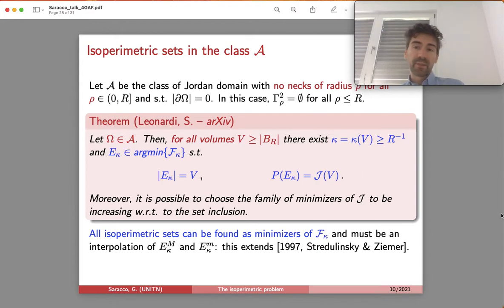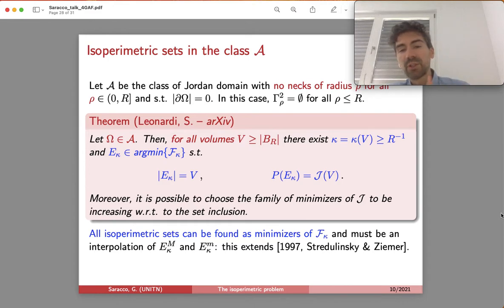So if we put ourselves in this situation, we can prove that for any volume greater than or equal to the volume of the maximal ball containing omega, there exists a curvature, depending on the volume, greater than or equal to the curvature of the maximal ball, and a minimizer of the auxiliary function with this fixed kappa, such that this minimizer has the given volume, and this minimizer is an isoperimetric set.